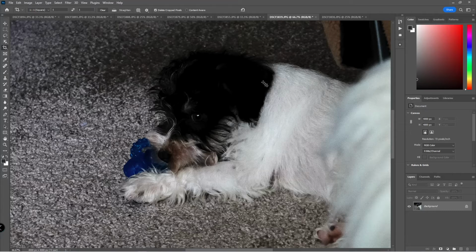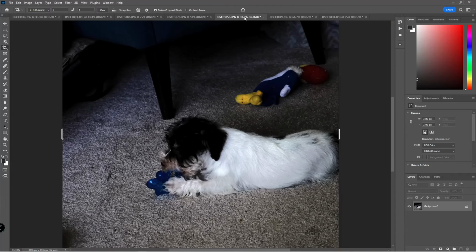Here's Lilu. As you can see here, she's got a toy. She is moving. I believe I shot this at 60th of a second at f2. And I mean, the sharpness stopped down is just excellent. Color renditions are also really good.